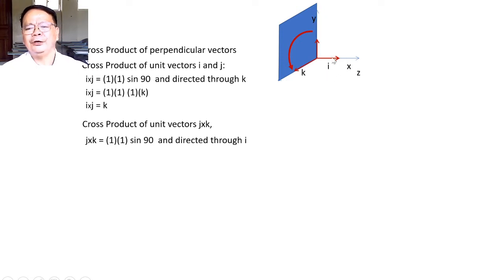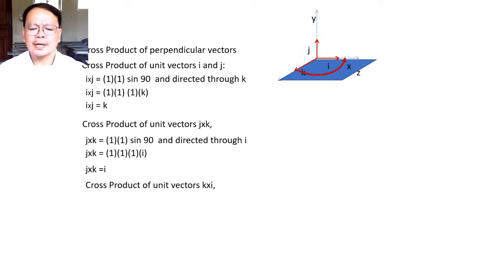So the product of j cross k will be turning in this direction from j towards k, and the result is directed towards the direction of i. And again, if the angle between them is substituted with the value 90, therefore j cross k will be equal to 1 times i, or simply this will be equal to i.